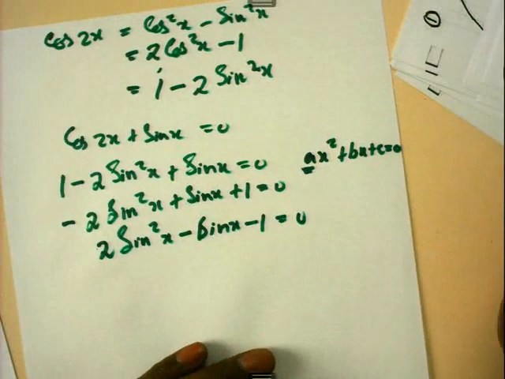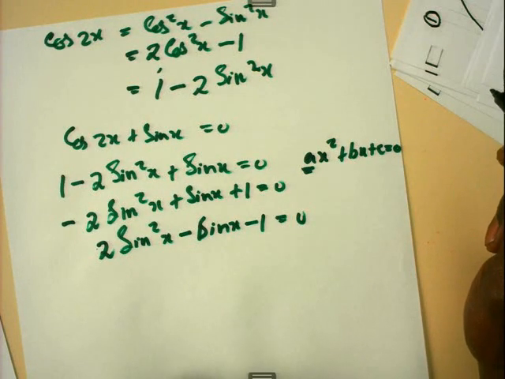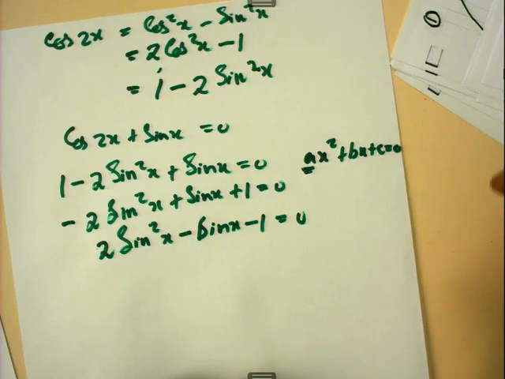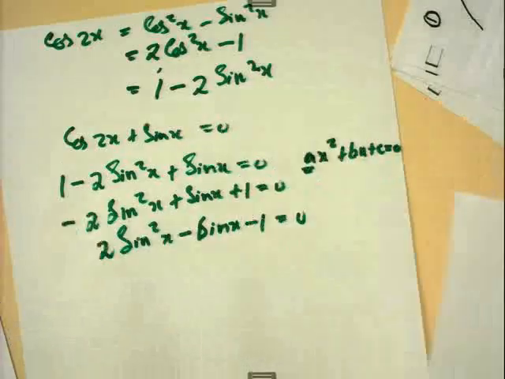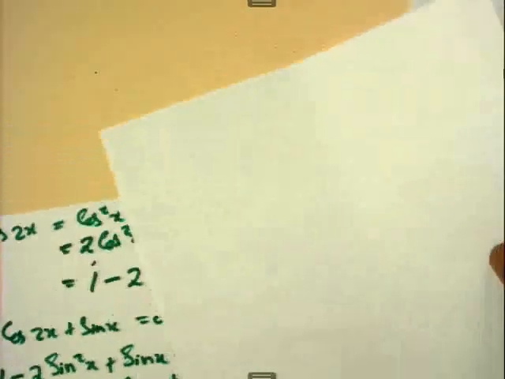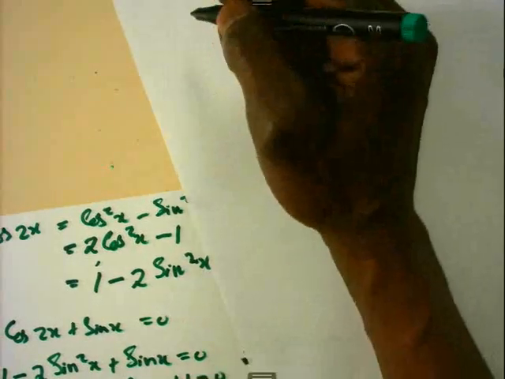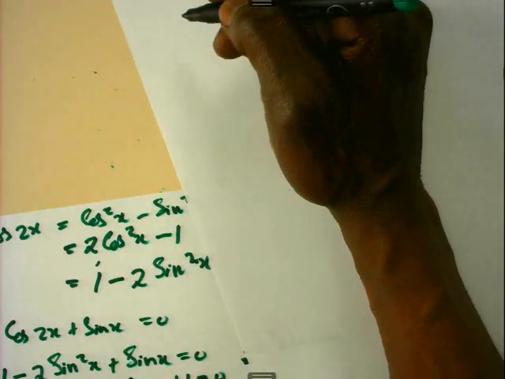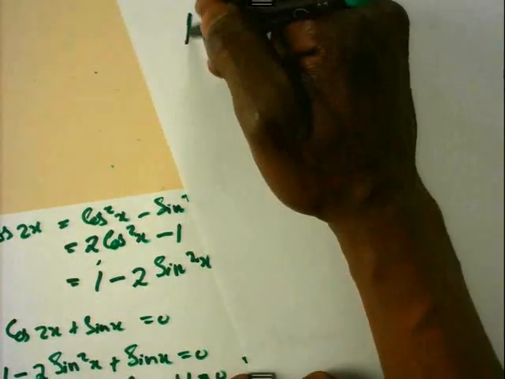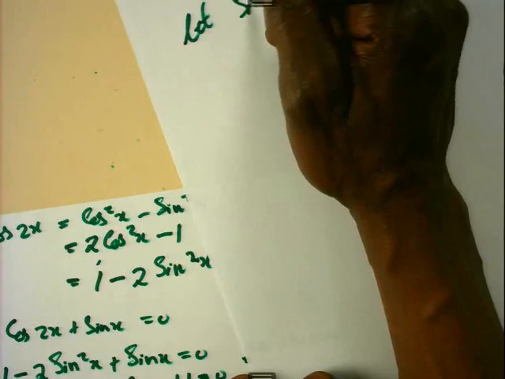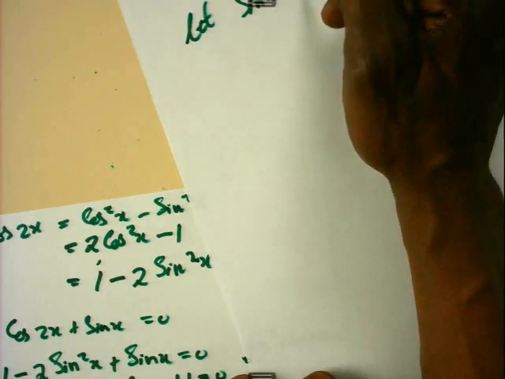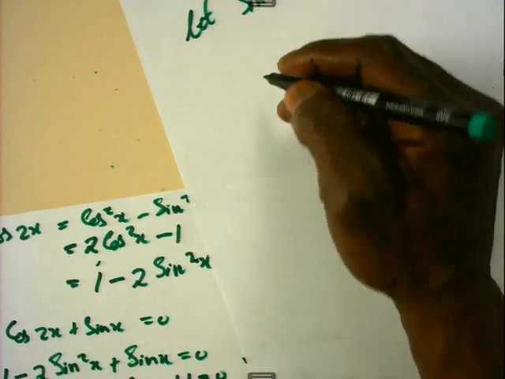Now that I'm remembering my algebra so much, can I use it to factorize this? Say we are left with 5 minutes. We can quickly say let sine x be equal to k.